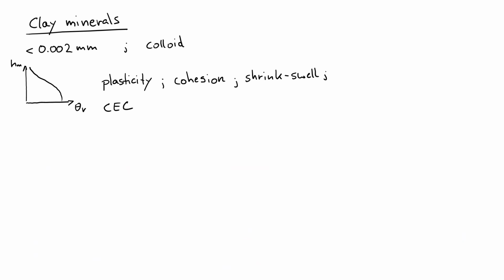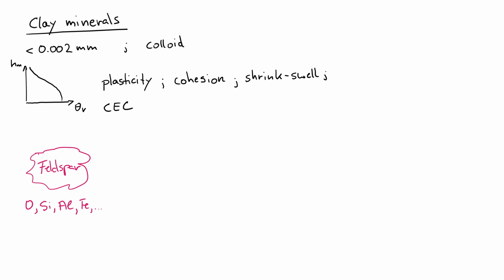So we also talked about clay minerals when we talked about weathering and the formation of soils. And when we talked about weathering of rocks and parent materials, we noted that oxygen and silicon are the most abundant atoms in the Earth's crust, which explains the great abundance then in silicate minerals.